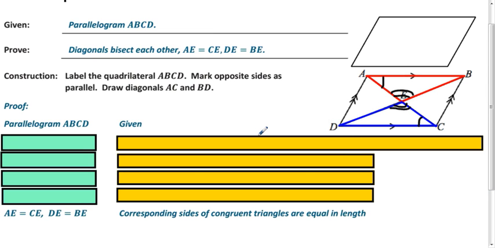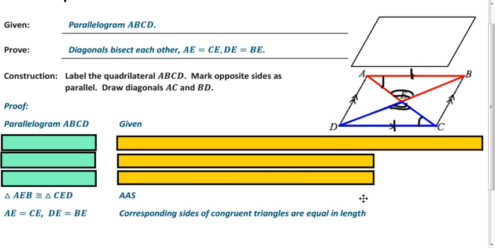But what else do we know is true in a parallelogram? We know that the opposite sides are congruent. So it looks like we'll have an angle, angle, side proof. So what we want to get to is that those 2 triangles are congruent with angle, angle, side. So let's see, we have those alternate interior angles that are congruent, so BAC and DCA.